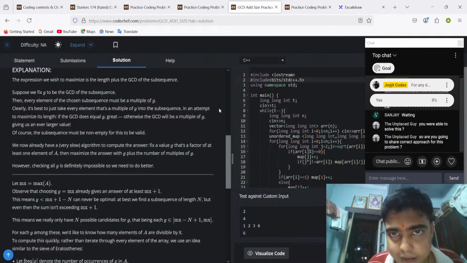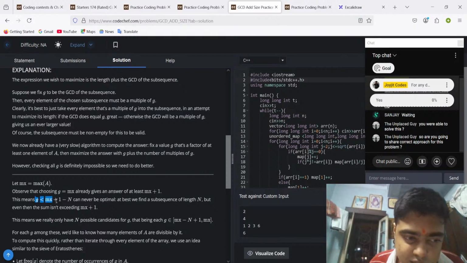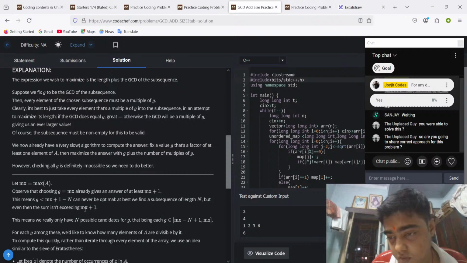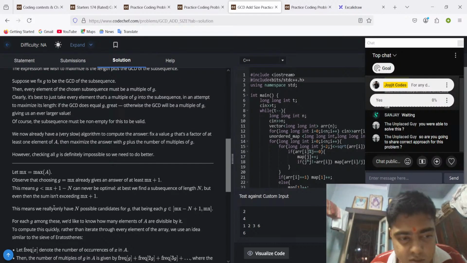Okay, great. Which means that G has to be lesser than mx plus 1 minus n, otherwise it can never be optimal. At best, we have a subsequence of length n, but even then the sum isn't exceeding mx plus 1. This means we really only have n possible candidates for G. Great. What do we mean by that?